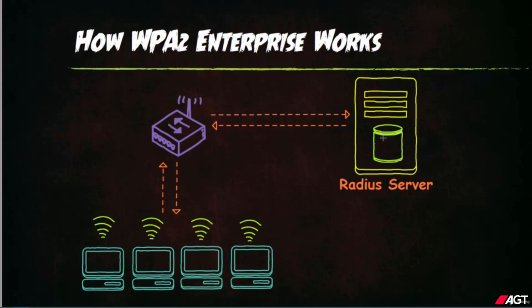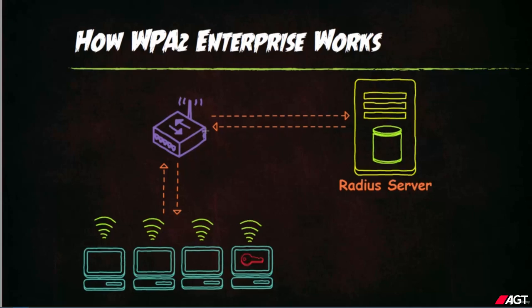If their account exists on the RADIUS server and that account is active, only then are they allowed to connect to this network. So if an employee leaves the organization, we can disable their account, and all the other users can access the network in the same manner, and they will not be affected by any change made for a single person, right? So this is how the enterprise solution works.